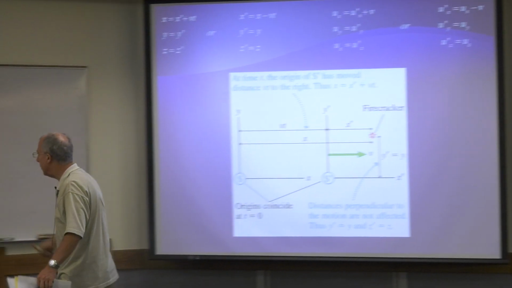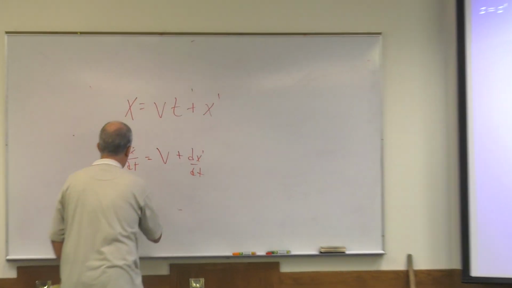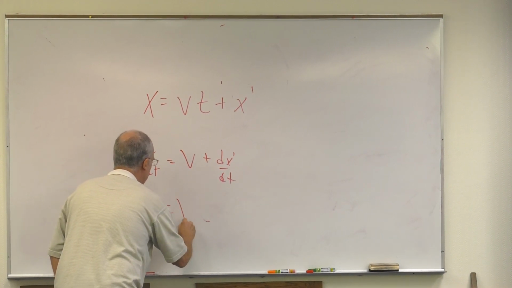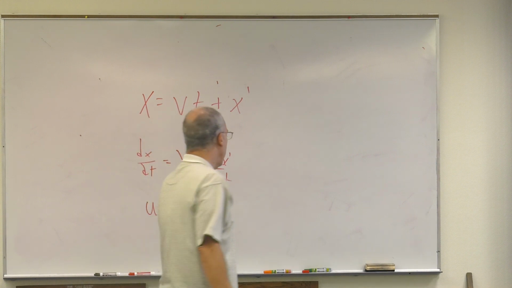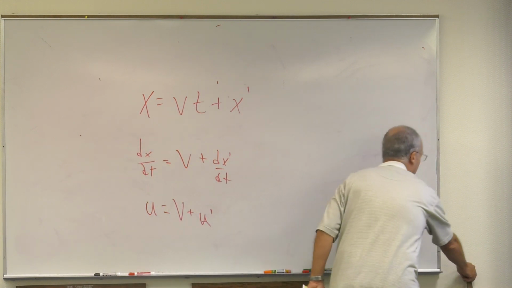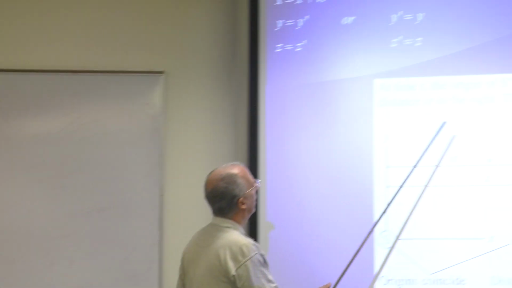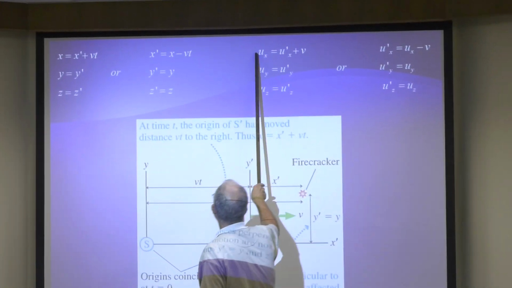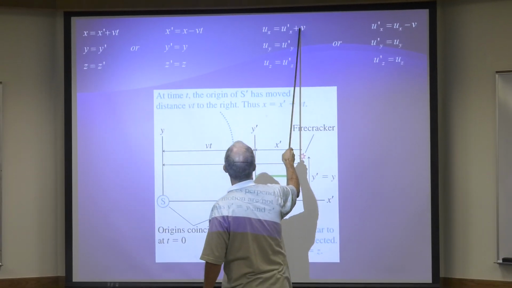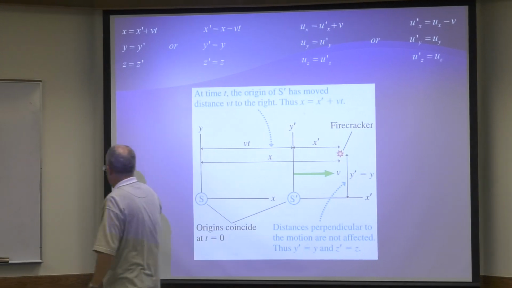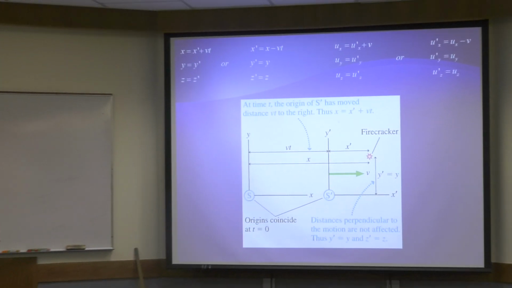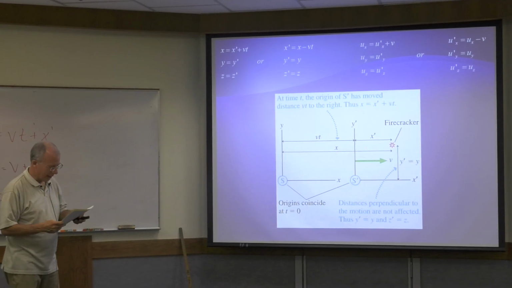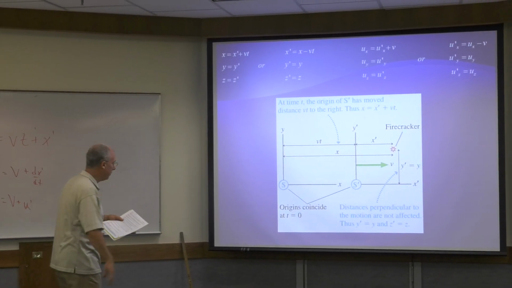So all I'm saying is this is going to be u equals u prime plus v. That's all there is to it.